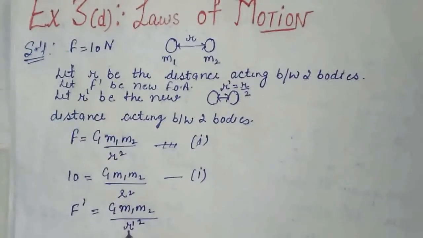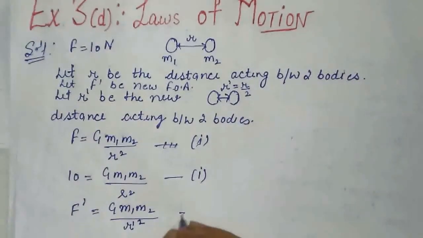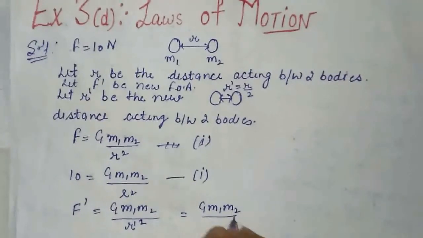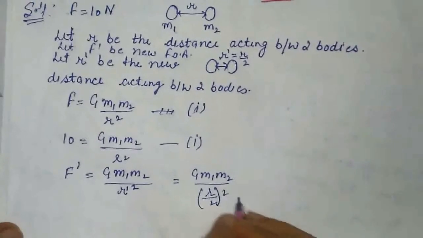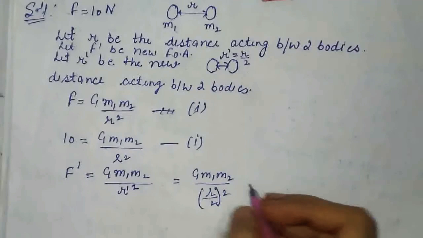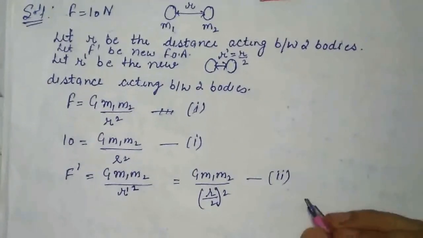Here put the value of r dash, that is equal to r by 2, and it becomes G m1 m2 upon (r upon 2) whole square. Okay? So students, it becomes equation number 2.